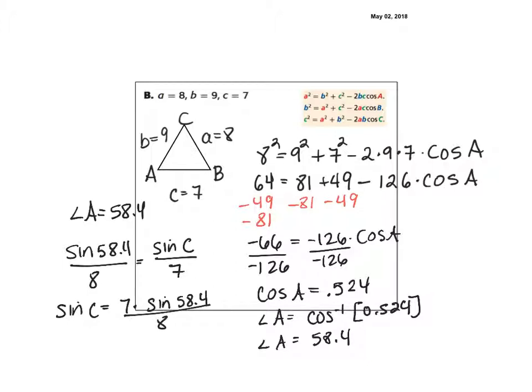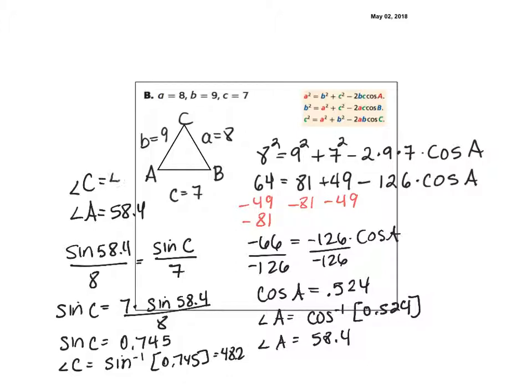Okay? When you multiply that through, you're going to get sine of C is equal to 0.745. And remember, to find the actual angle of C, we're going to have to use the inverse sine button and put it into our calculators. And we're going to get the angle of C is 48.2. So we found the angle of C is 48.2.